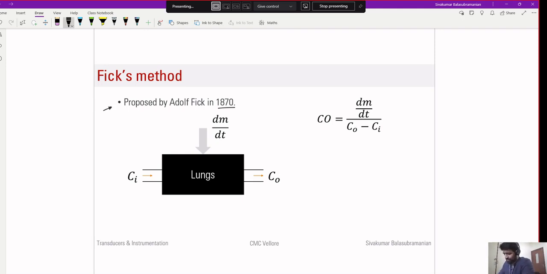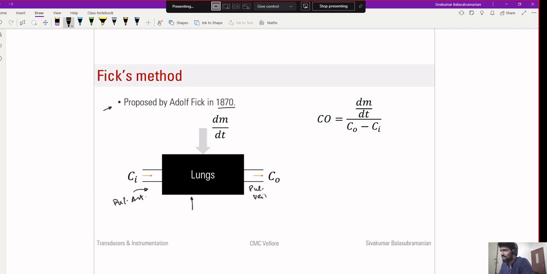Let's assume that you have the lungs. Blood is being pumped into the lungs by the heart. The pulmonary arteries take blood into the lungs, and then the pulmonary veins take it out.